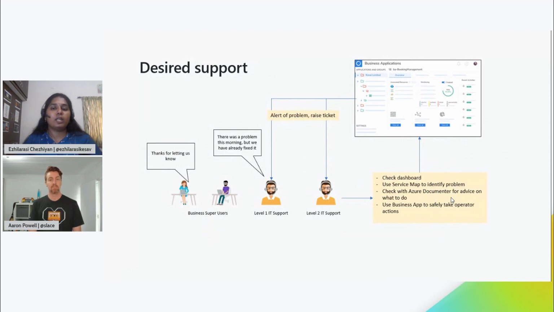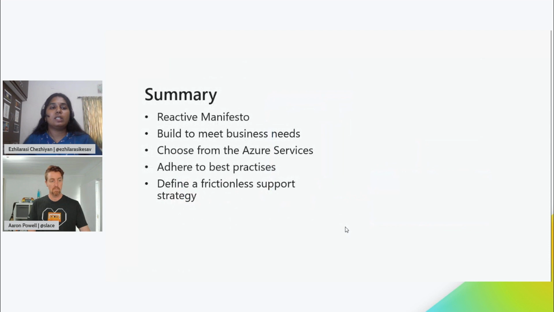Instead, when we have the right tool in place, the team can be proactive. They get an alert, they solve the problem even before the issue has been escalated by the business users. So you be proactive and give your customers a wonderful experience when dealing with your Azure application.